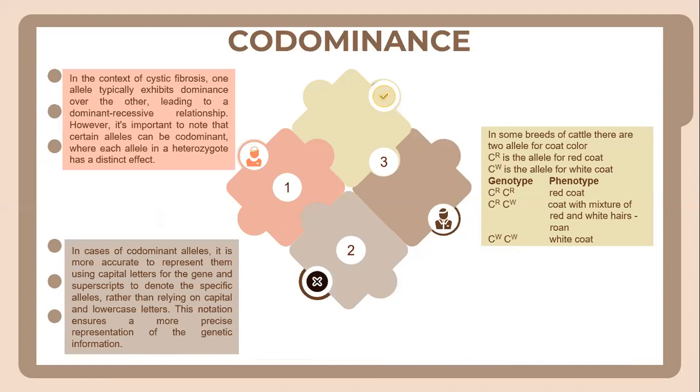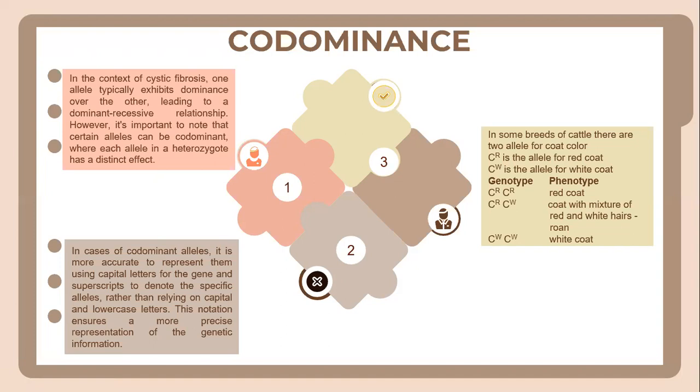Codominance. In the context of cystic fibrosis, one allele typically exhibits dominance over the other, leading to a dominant-recessive relationship. However, it is important to note that certain alleles can be codominant, where each allele in a heterozygote has a distinct effect.